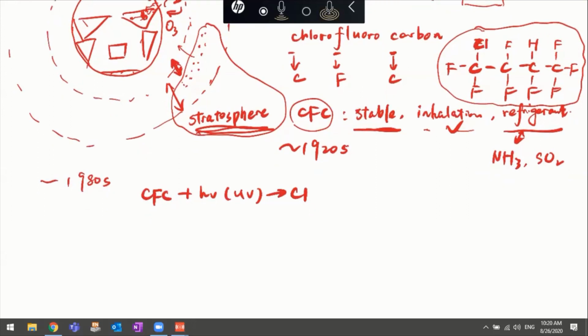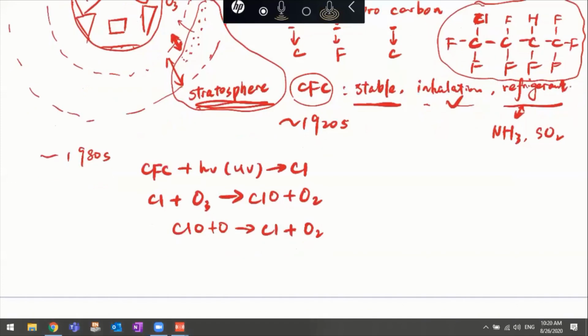So then the chlorine will react with ozone to form chlorine oxide and oxygen. And the chlorine oxide will react with the oxygen radical to form chlorine and oxygen, okay?